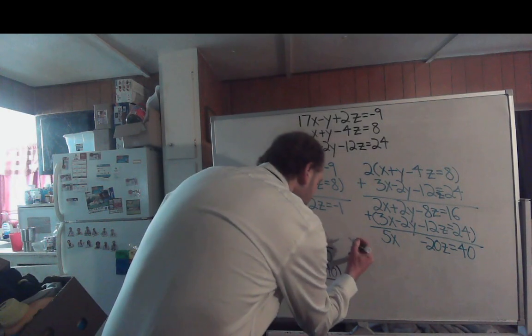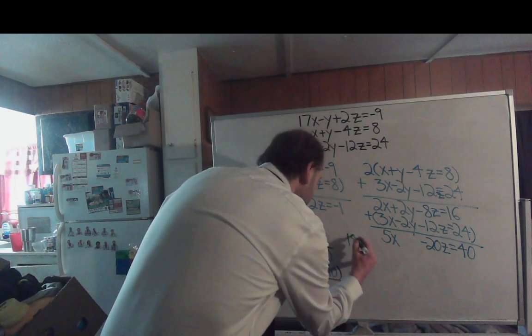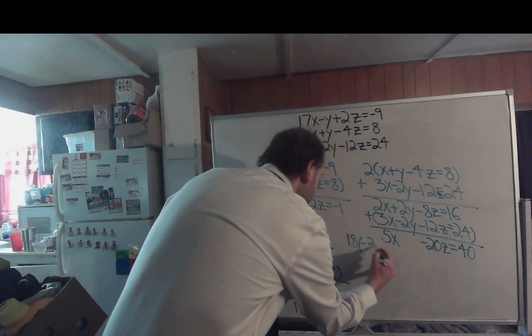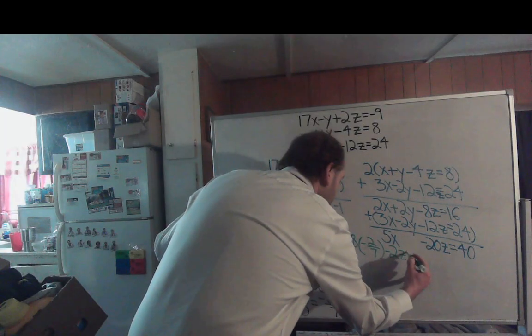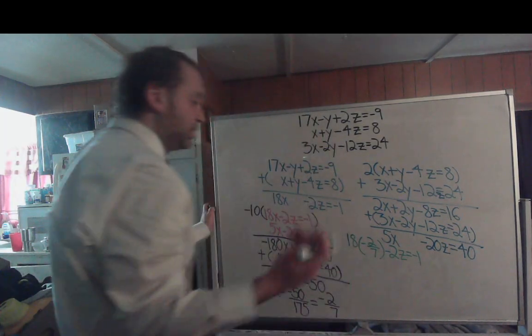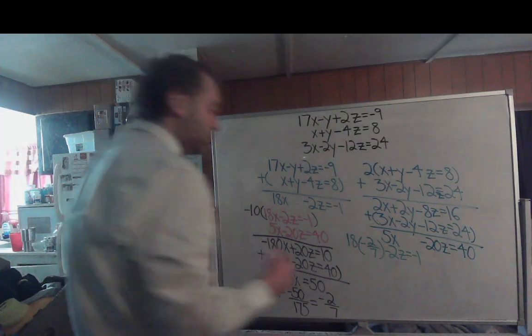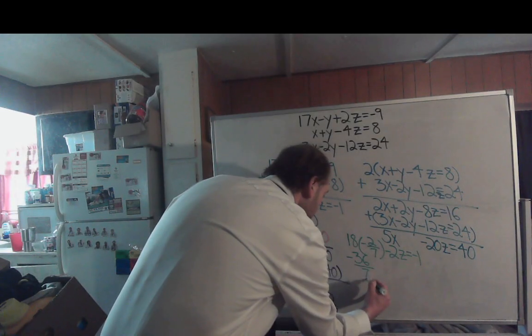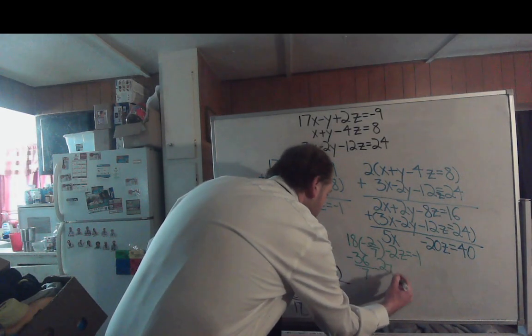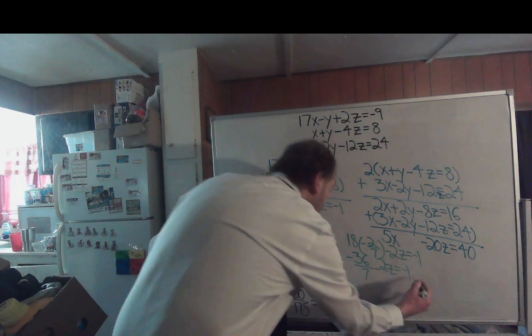If I take 18 times negative 2/7 minus 2z equals negative 1, I'm going to end up getting negative 36/7 minus 2z equals negative 1.